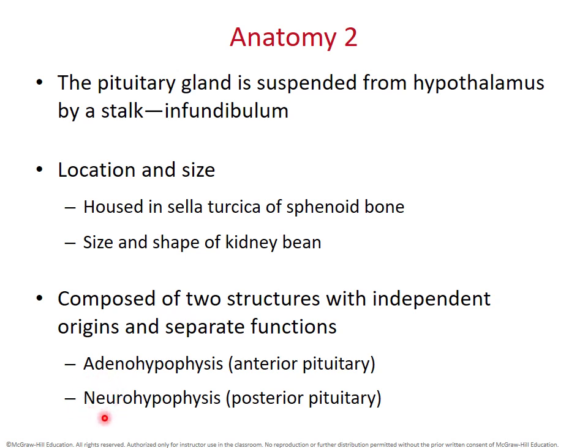And remember, we said earlier that there are some cells that are intermediate between endocrine and neural cells. Well, those are some of the kinds of cells you're seeing in the neurohypophysis, or the posterior pituitary. And so the hormones made by the posterior pituitary actually don't derive from typical glandular cells. They actually are derived from neural tissue. And we'll come back to that in just a few minutes.